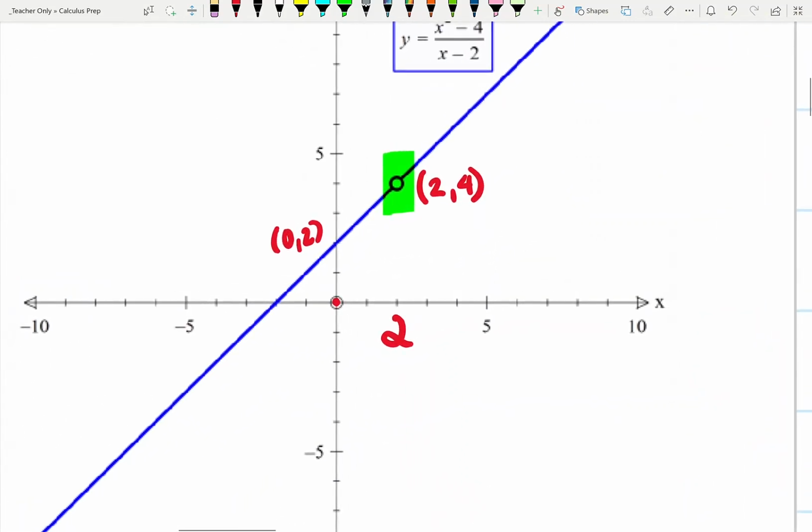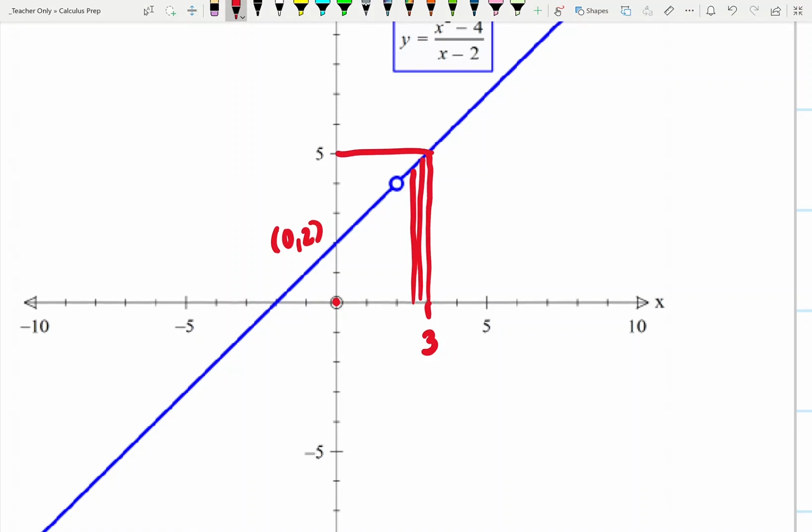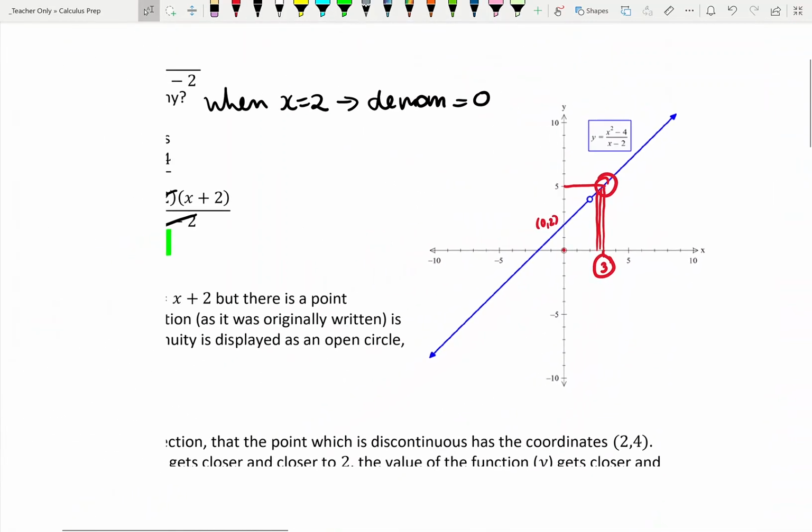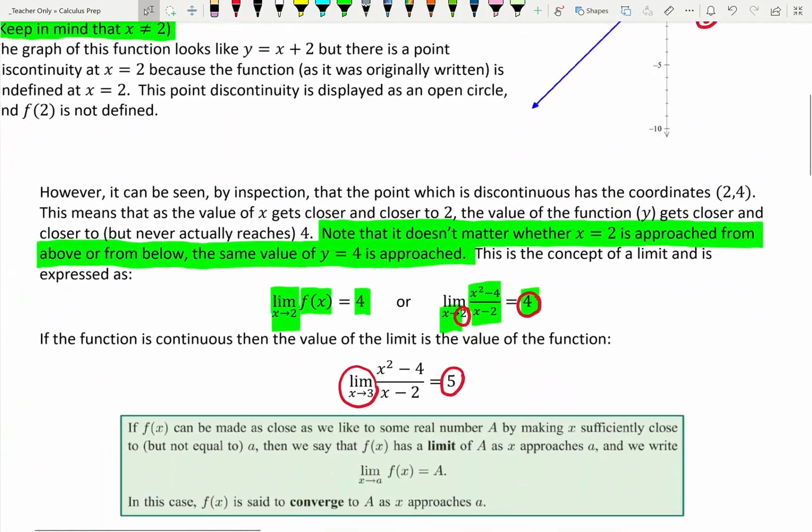Here's x equals 3. And as x gets closer and closer to 3, we can see that y gets closer and closer to 5. And in fact, the value of the limit is the value of the function, because when x equals 3, the function is continuous, as in it is defined at that point.